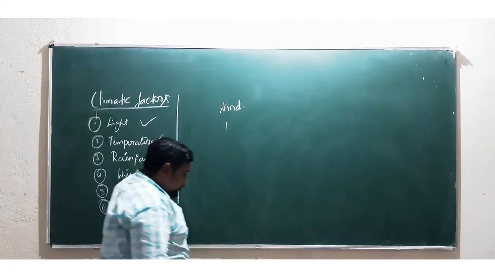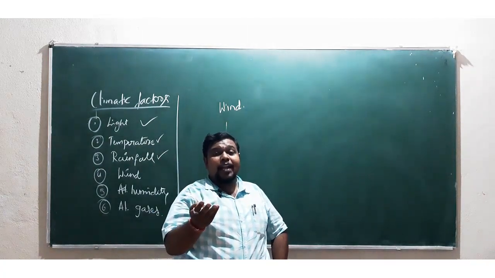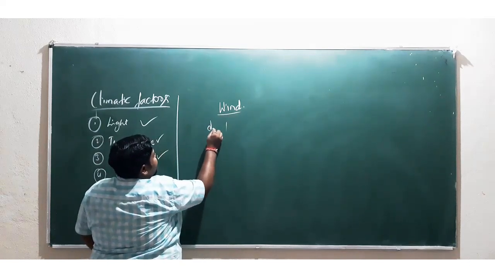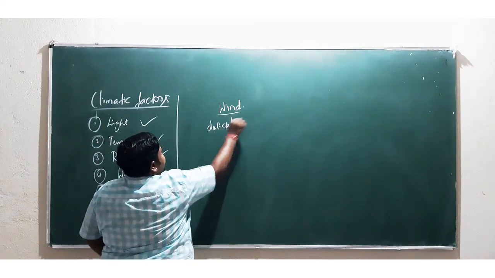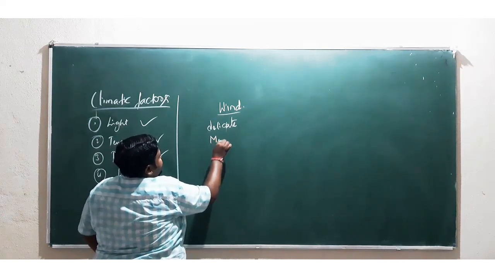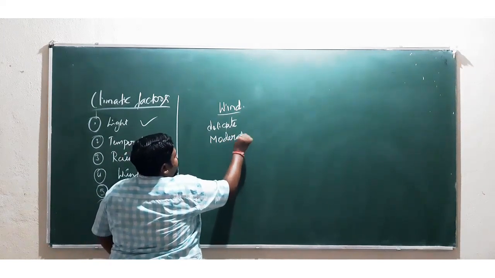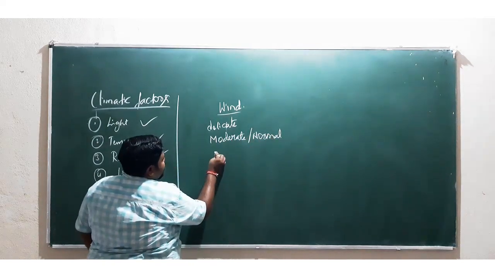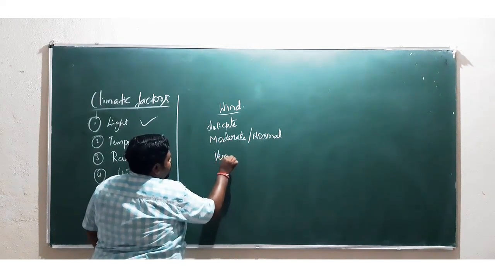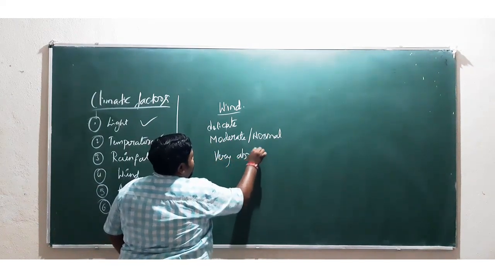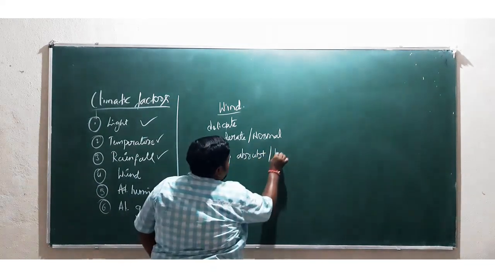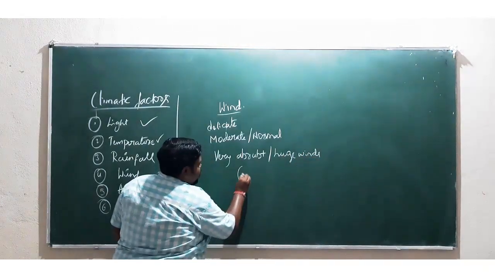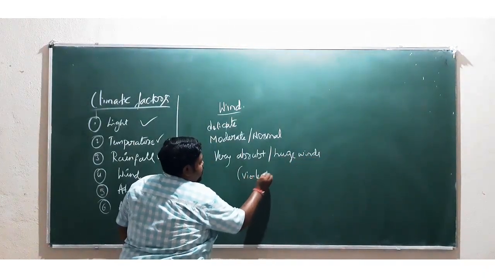And wind is also one of the climatic factors which influence plant life in three ways here. Based on the type of wind here, we will go with three types, that is delicate wind, or moderate or normal wind, and the last one is the very abrupt, or huge winds we can call them, or we can use the word violent winds.